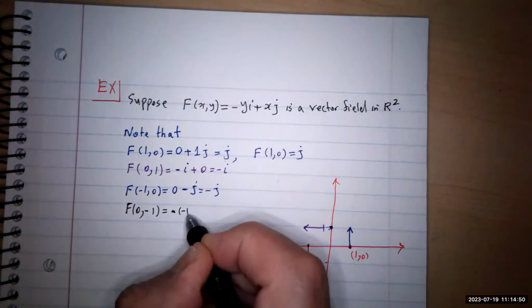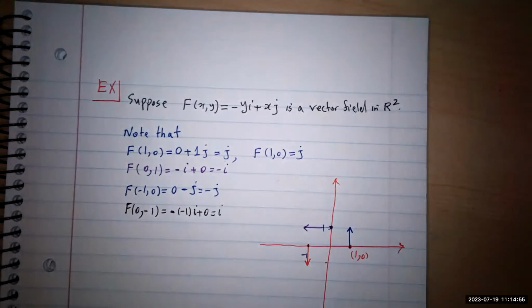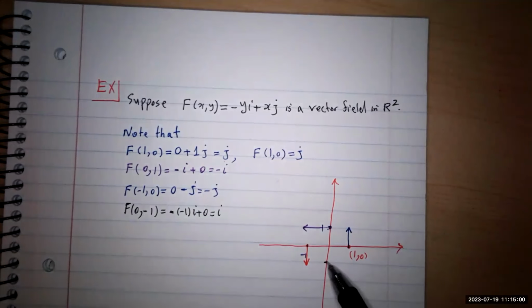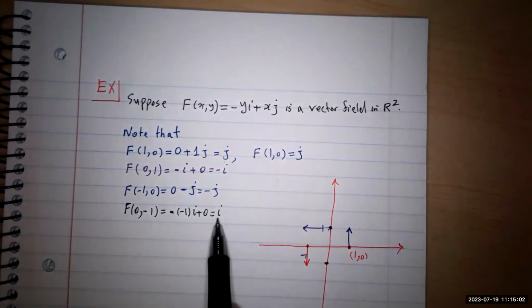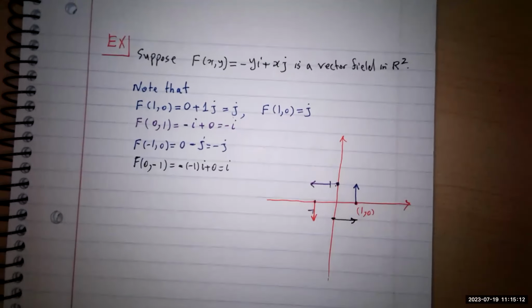So it's negative 1 times I plus 0, so that gives you I. This means at the point 0 and negative 1, your direction would be the direction of the I. So it's just moving around in different formats to get a collection of these fields, if you like. Okay, so this is how this function would behave.